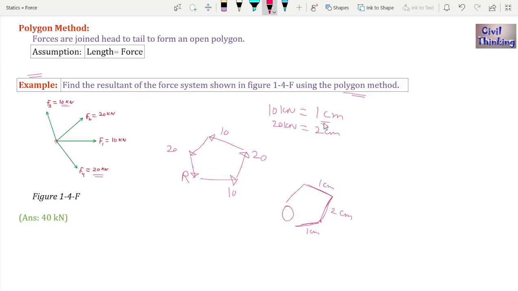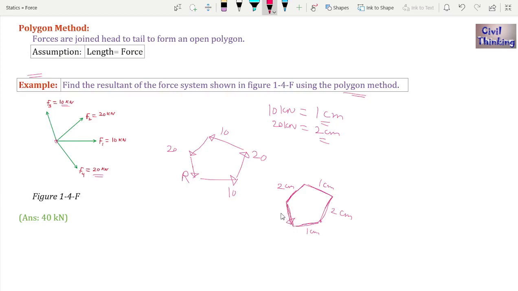And this is 20, so from here to here it is 2 centimeter. So now what will be the resultant? The resultant will be this side, right?